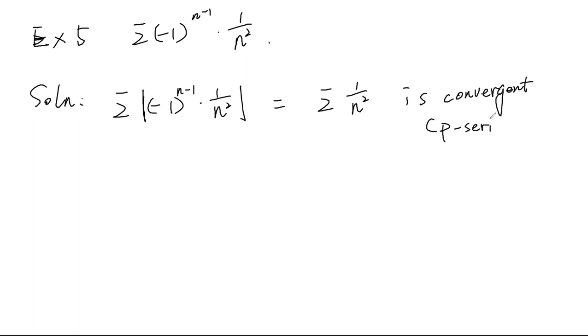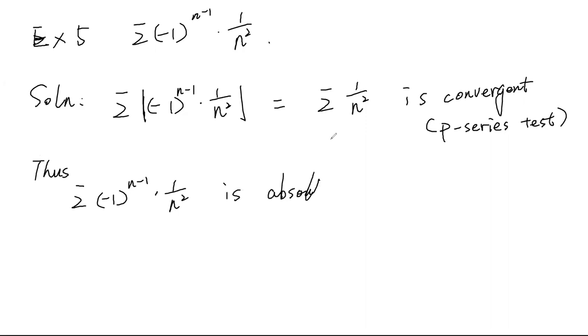From the p-series test, the theorem of p-series with p equals 2, it's convergent, which means this series is absolutely convergent. And thus it's convergent from the theorem.